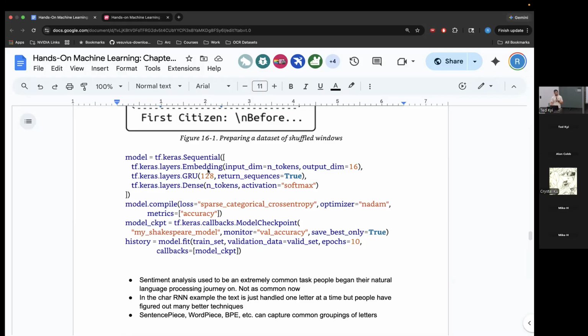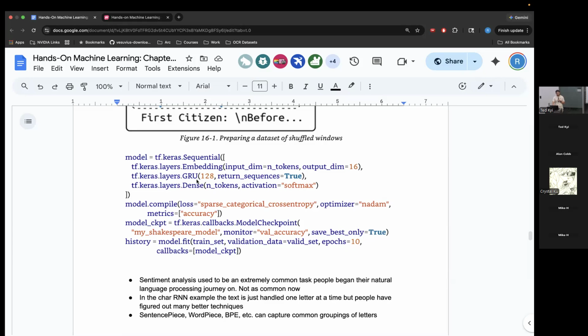So if you have the letter C, it's looking up and saying, what's my embedding for the letter C, for example. So it's making this lookup table that's the number of characters that you have times the embedding size that you define. For us, we have 26 letters, and then we say we want to make it a 16-dimension embedding.